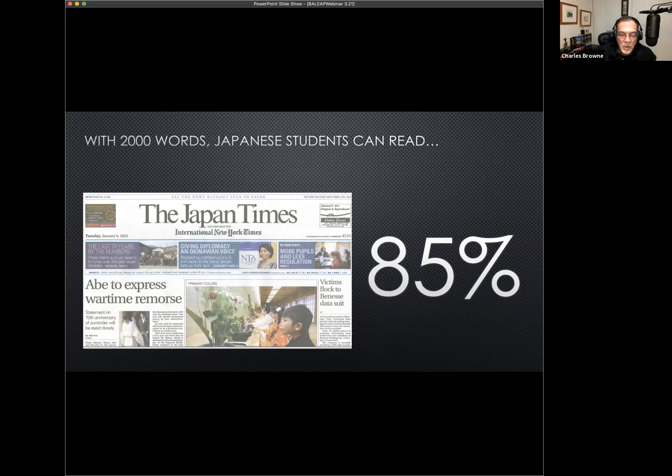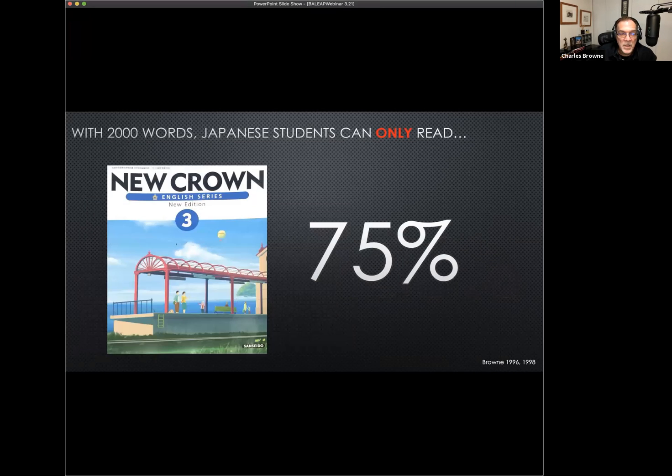But look what happens when we look at the difficulty of Japanese high school texts. These are the English textbooks that are approved by the Ministry of Education, that are required by the Ministry of Education to be used to teach English in high school. And what we can see is that for the official textbooks, students are only getting somewhere between 71 and 79% coverage, depending on the textbook, but less.